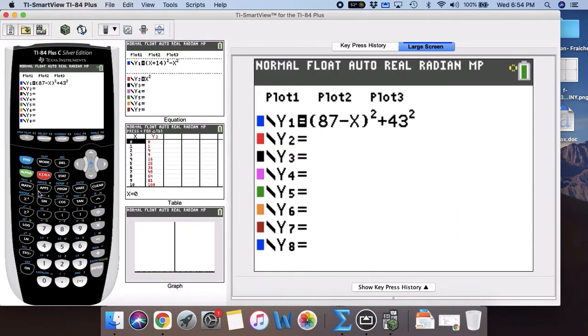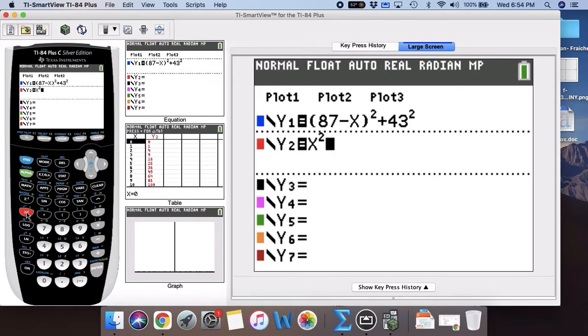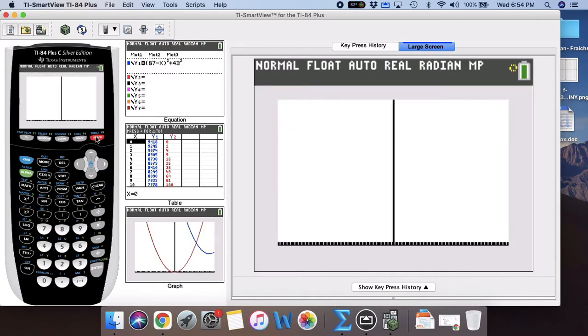y2 is x squared. I'm going to keep the same window as before, as my previous question, to see if that works. Usually for these word problems, you'll see that the numbers are quite large. So for the y max, usually set it to a large number, and you can always play around with it. I'm using the same window as the previous question, and I graph it.